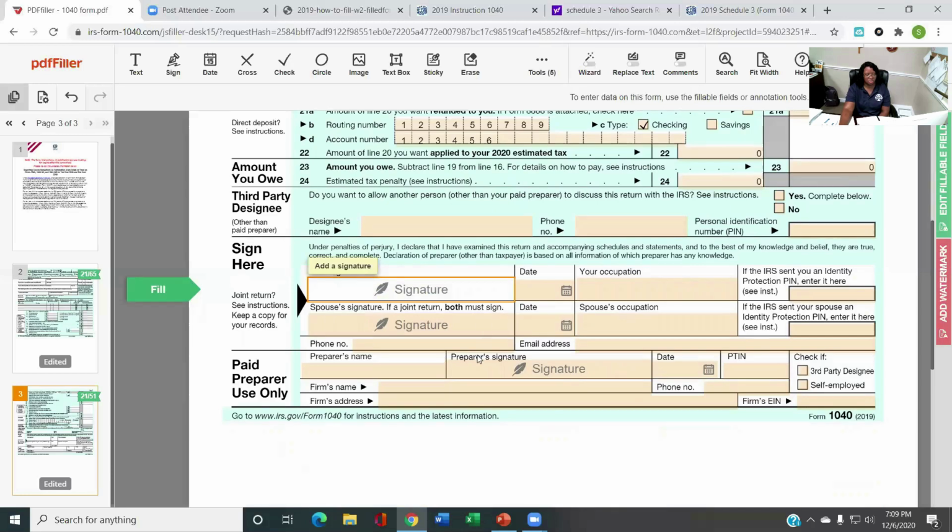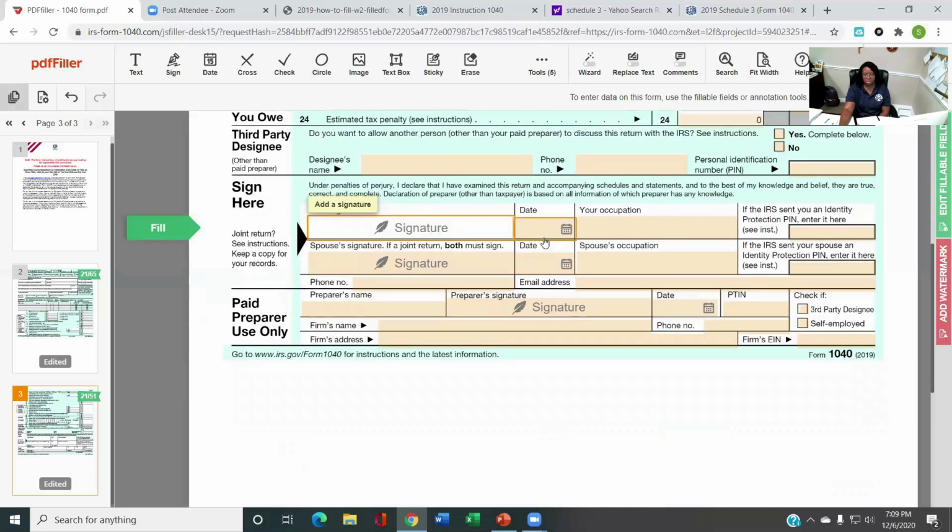If it's individual, if it's joint, the date, occupation, all of this is for them. And the date must be current. You can't postdate it. You can't predate it. The date that you're doing their return is the date that they will sign it. Or the date they come back in your office if you have them come back to review it. That's the date that they're going to have to sign.